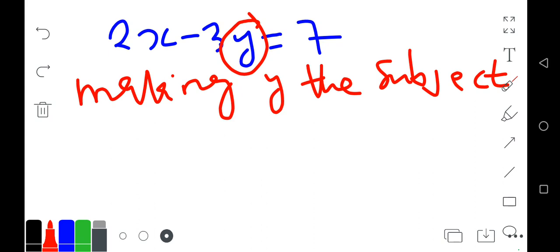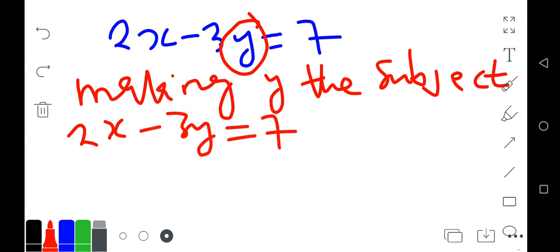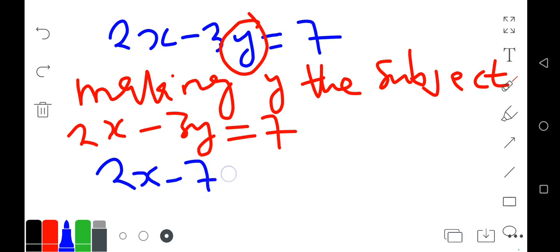So 2x minus 3y equals 7. I'm going to make y the subject: 2x, the 7 comes to the left as minus 7, equals negative 3y, which goes to the right and becomes positive 3y.